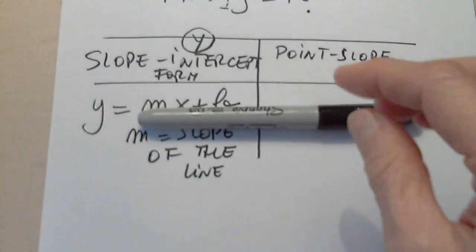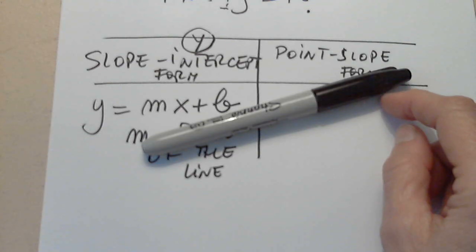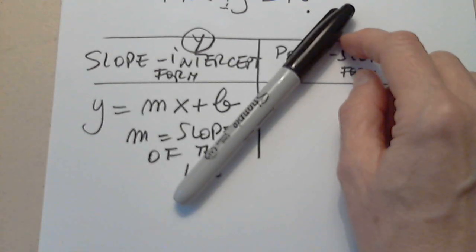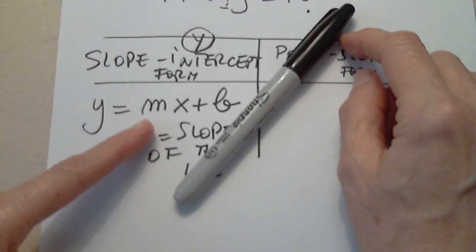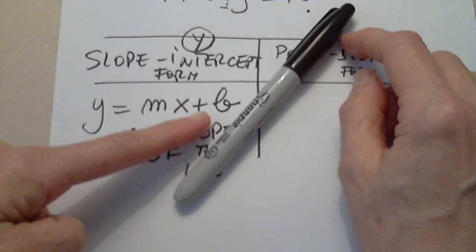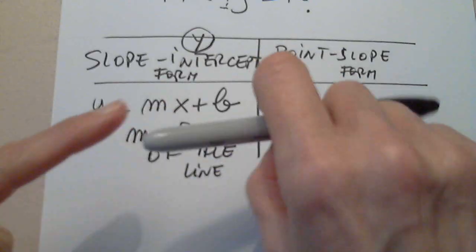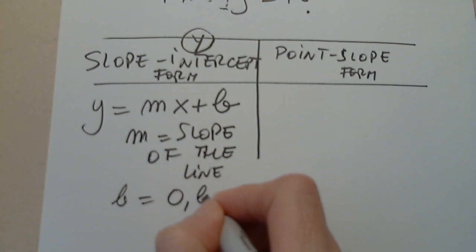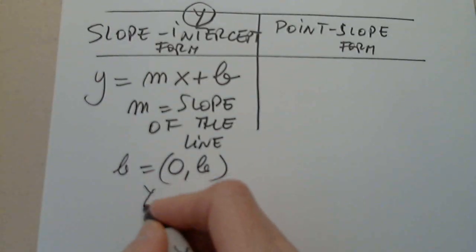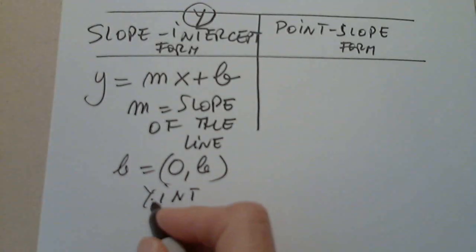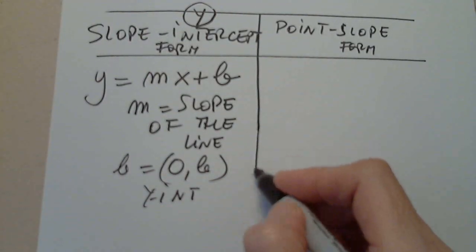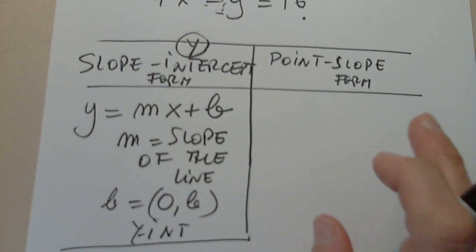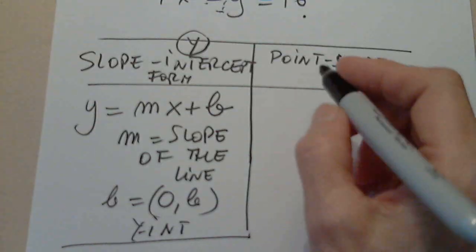If it's horizontal, it will be 0. If it's like this, it may be 2. If it's like this, it may be 3. If it's like this, it may be 15, whatever. So that's the slope. What is this? It's the y-intercept. B is basically 0, comma b, the y-intercept. We're going to talk about this a lot. Now, the other one, the point slope form.